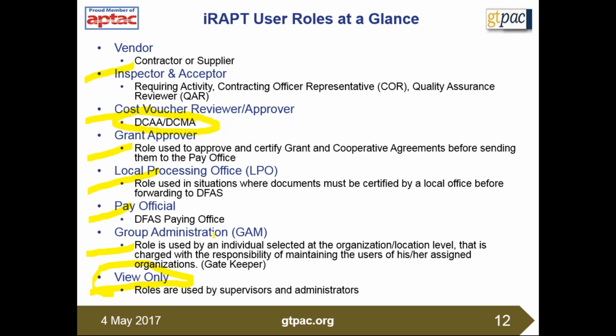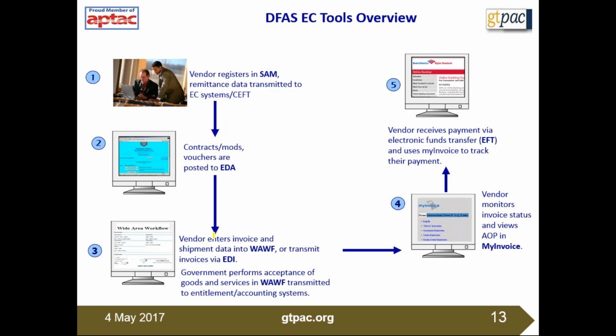So the view-only function comes in real handy for supervisors and administrators at the DCMA level, at the DCAA level, DFAS, your level, contracting officer, the end user, all that type of stuff. Everybody can keep an eye on what's going on.